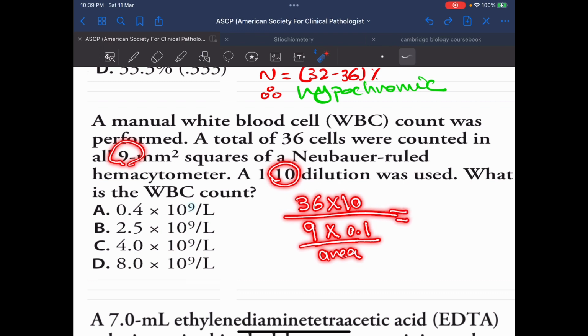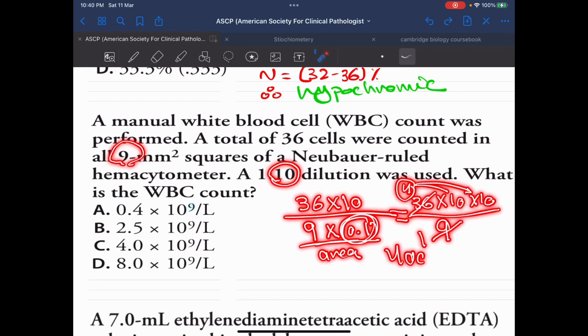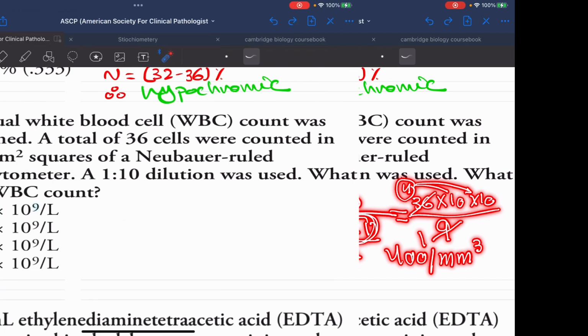So it will be 36 multiplied by 10 and another 10, since you reverse the 0.1, divided by 9. Remove 9 and here it will be 4. 4 multiplied by 10 and 10, so it will be 400 per cubic millimeter.